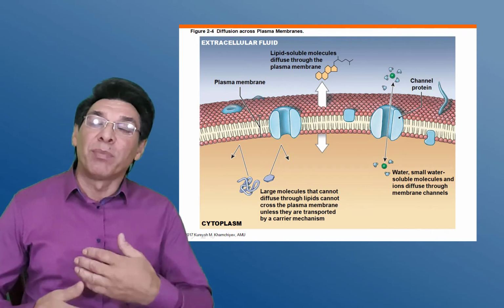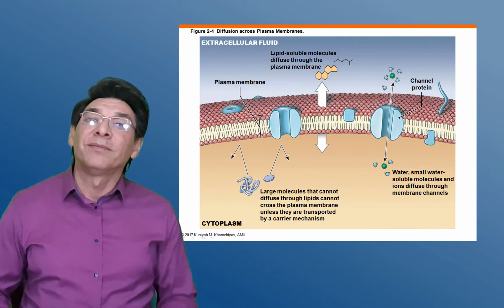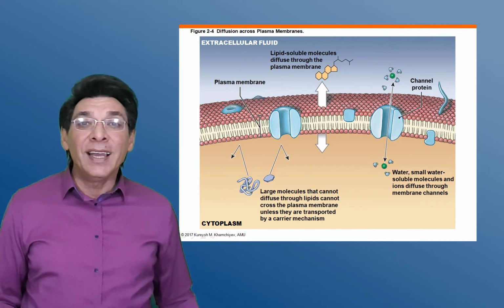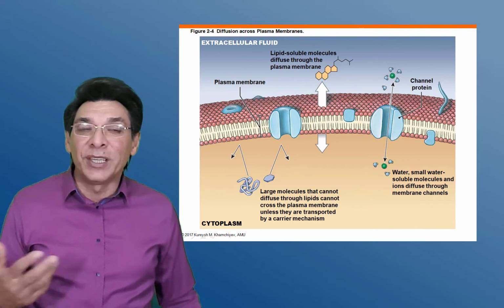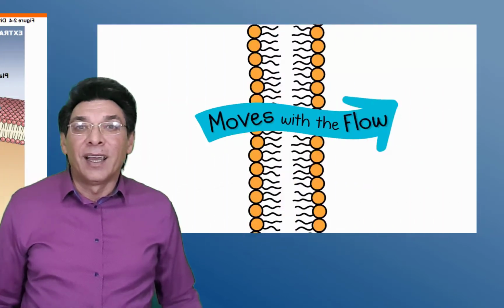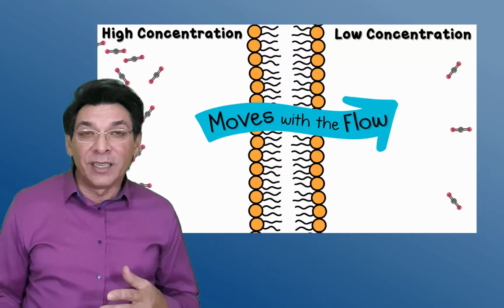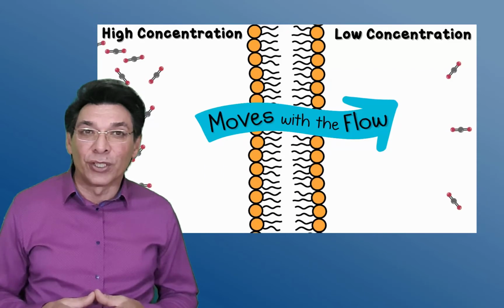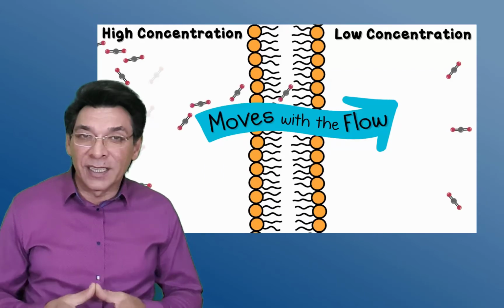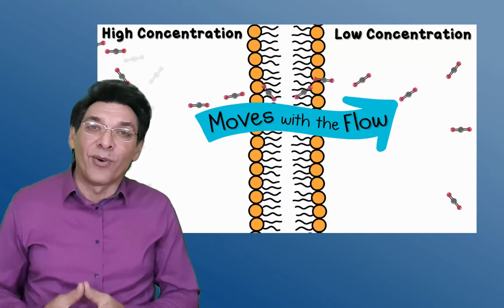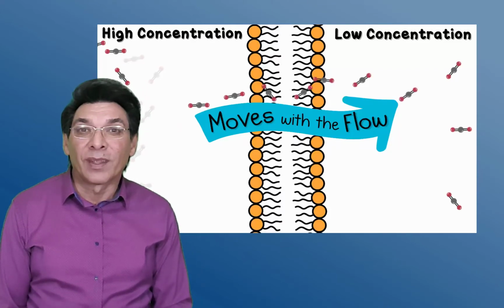Thickness of barrier: thinner, faster. And steepness of concentration gradient: the greater, the faster. As we continue in physiology, all of these factors will be revisited in the various organ systems.